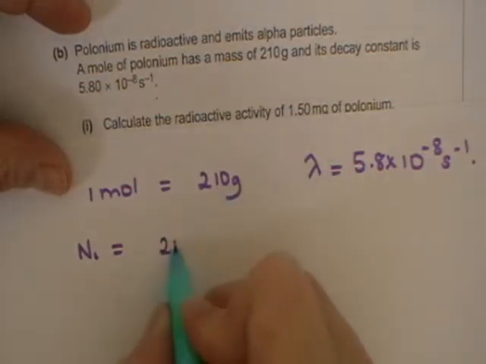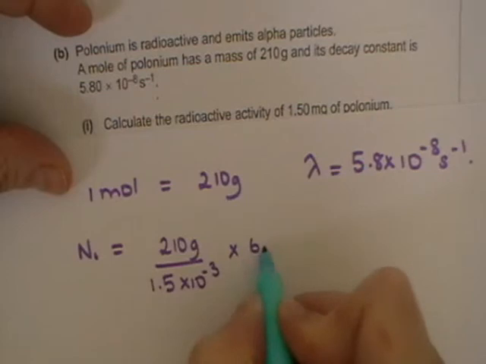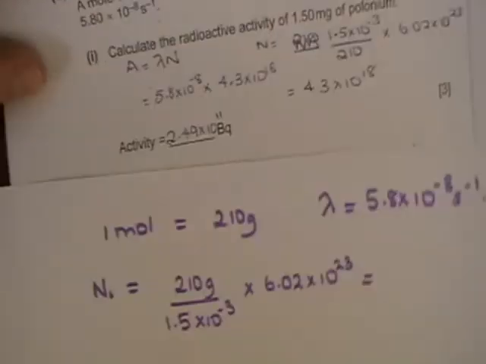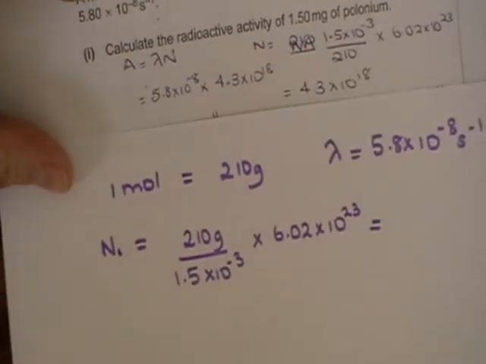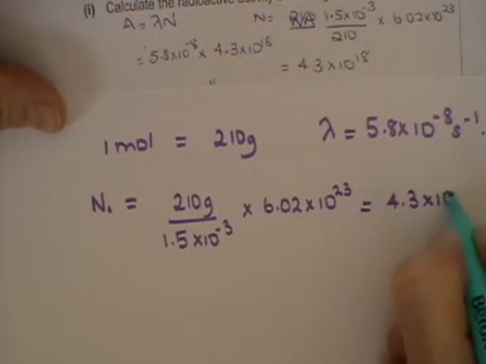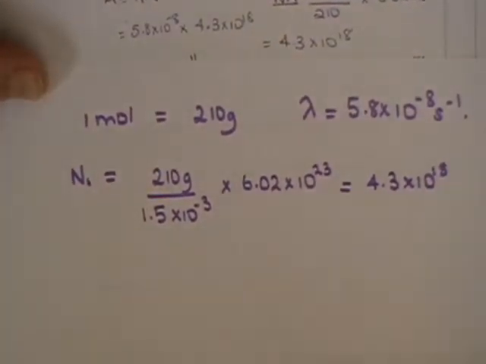And so it's 1.5 milligrams, so that's by 10 to the minus 3, divided by 210 and multiplied by 6.02 by 10 to the 23 atoms. And that gives us 4.3 by 10 to the 18 atoms. That's in our sample of 1.5 milligrams.